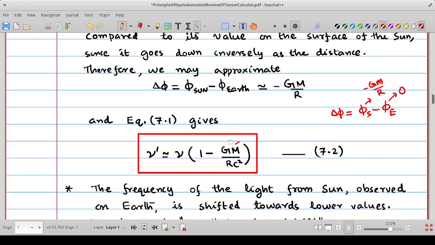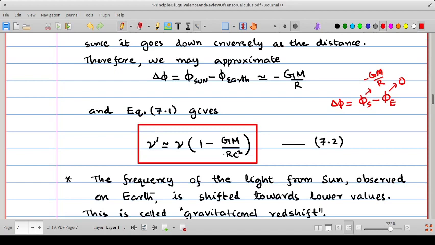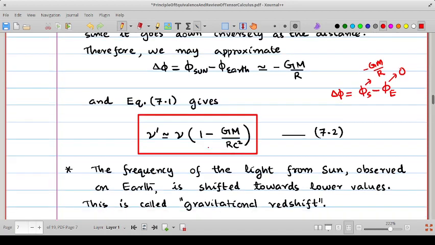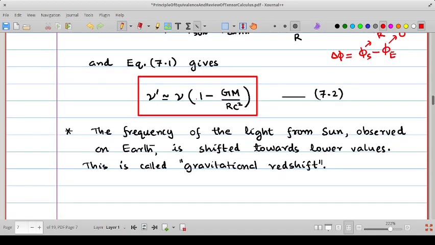And G, M, R and c square are all positive numbers, and therefore this nu dash is nu times a number that is smaller than 1, and therefore nu dash is less than nu. So the frequency observed on Earth of light emitted from the Sun is less than the actual frequency with which it is emitted.